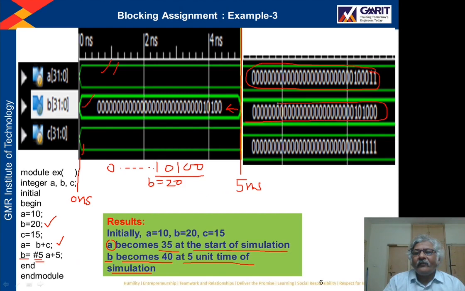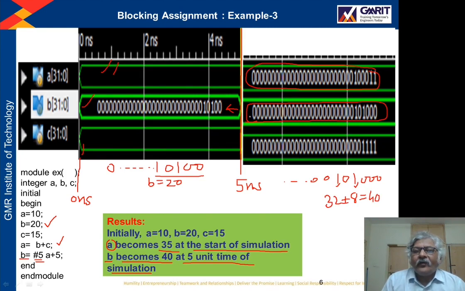This is the value of B. You find what is this value? See here 1 0 1 0 0 1 0 1 0 0 0 and all zeros here. If you write the decimal equivalent of this, then it will be 8, the weight of this one, plus this is 32. 32 plus 8 is 40.